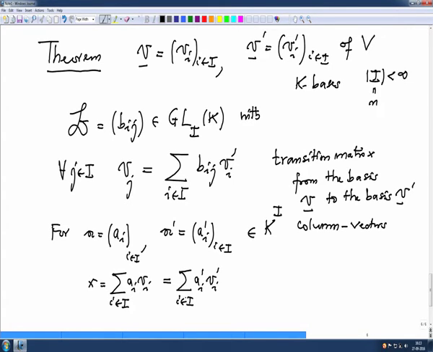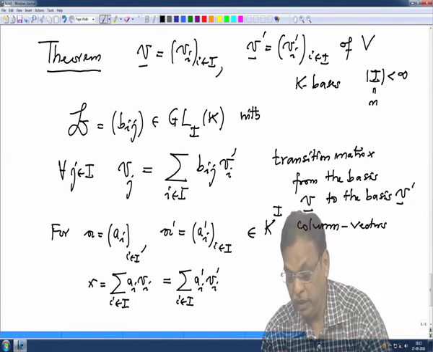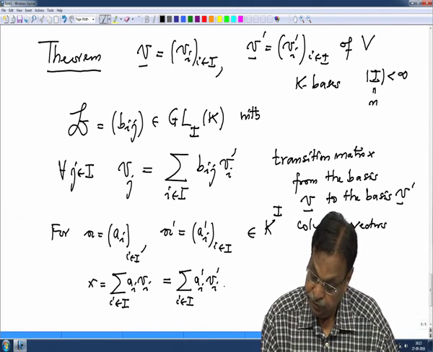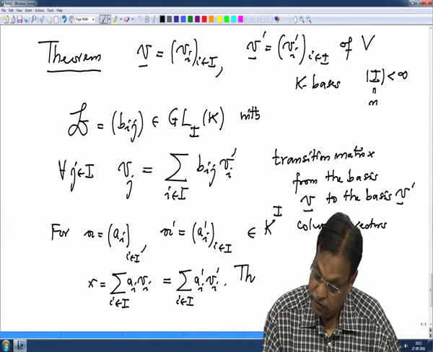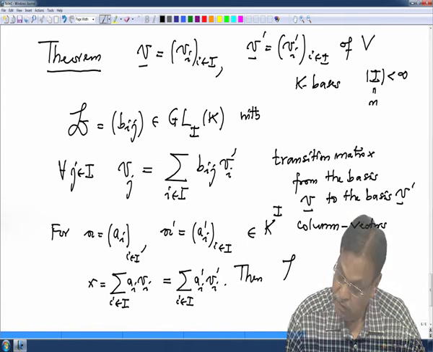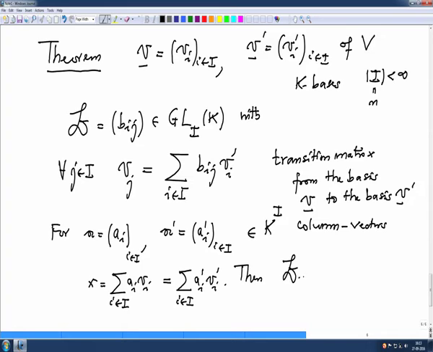So the same vector we have represented in terms of the basis V and in terms of the basis Vi prime. Then the statement is, if I take the matrix B and multiply this column vector a, you get a prime.